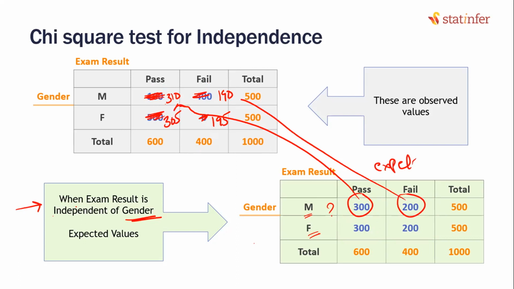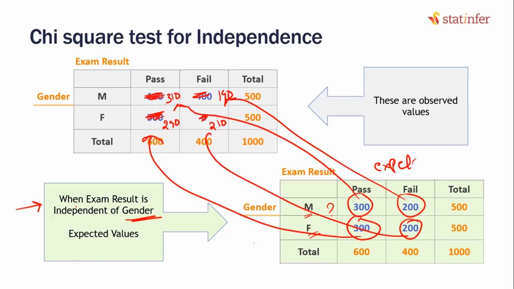Instead of 200, you got 190. Here you cannot put 195. It should be, let's say, 310, and out of this 310, you would say 290 is here, and then around 210 is here. Instead of 300, it is 290. Instead of 200, it is 210.